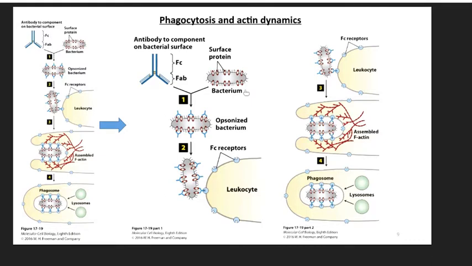I could have made a question in a different, regular situation, but this is just to show how the engulfing happens and how the actin filaments get arranged around a groove, or rather an invagination, during phagocytosis.